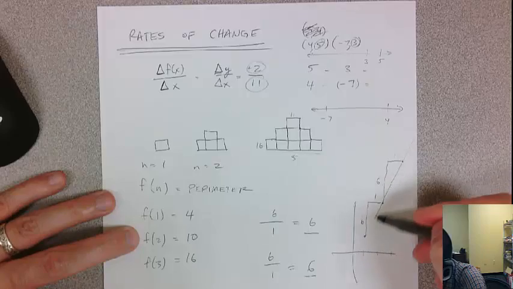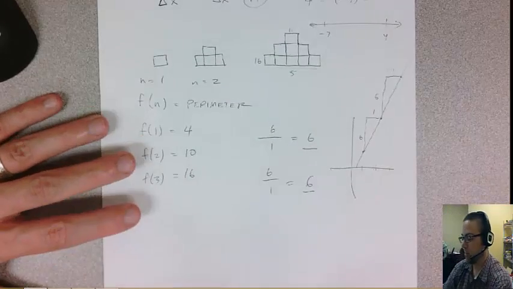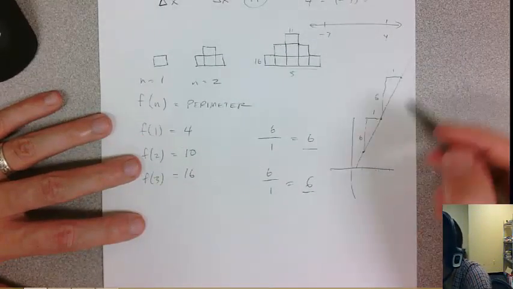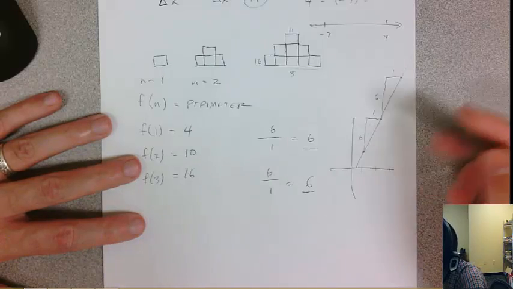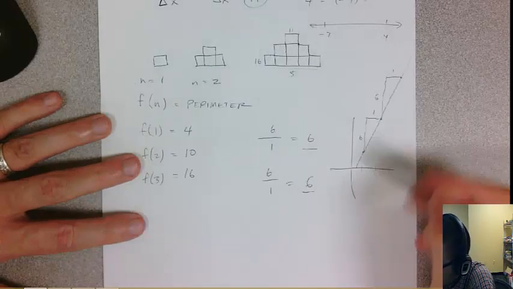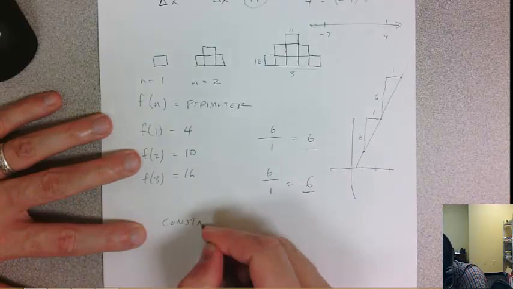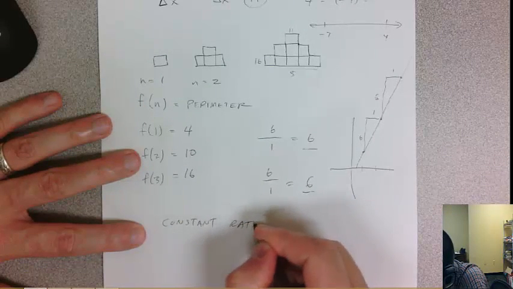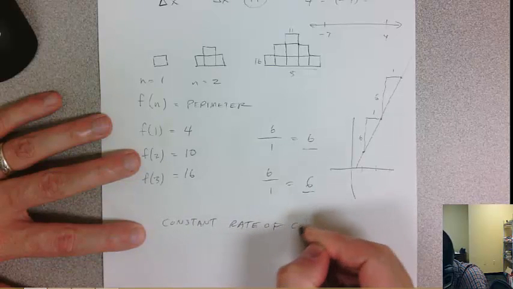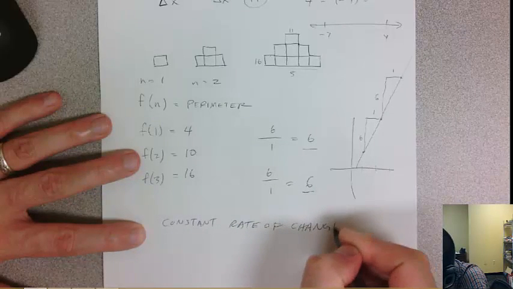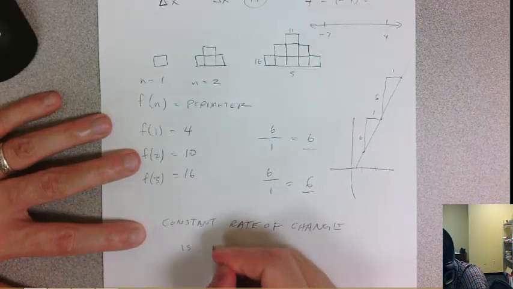You have this sort of straight line, and that's why we give it the name linear, is to say that this is a linear function when it has a constant rate of change. So constant rate of change is linear.